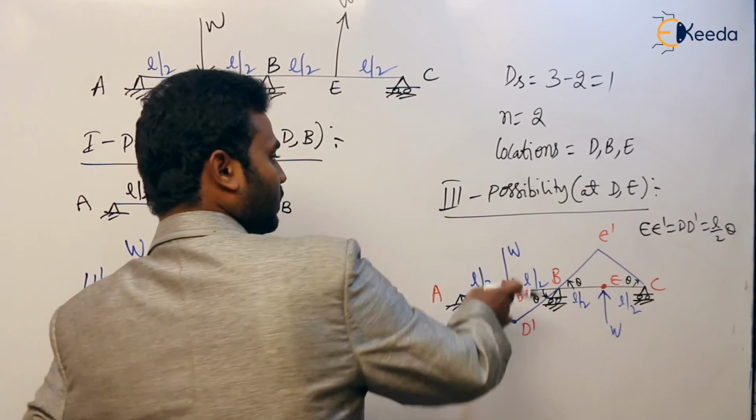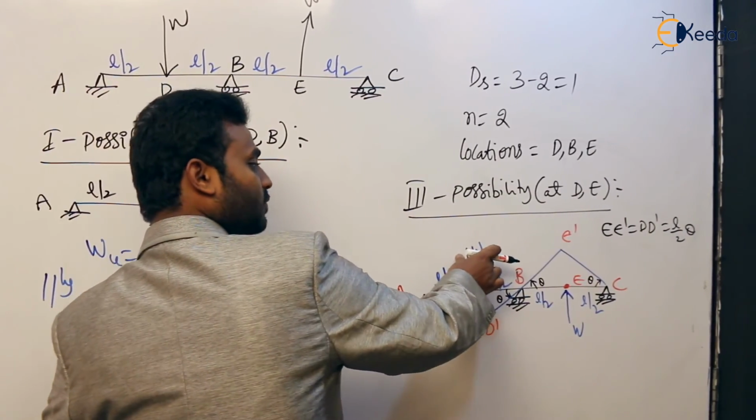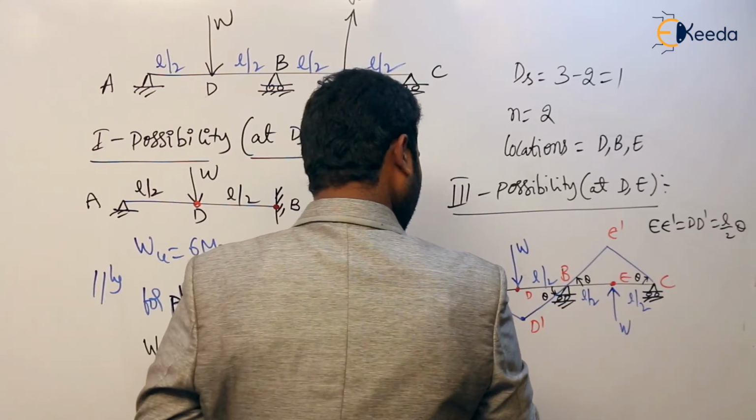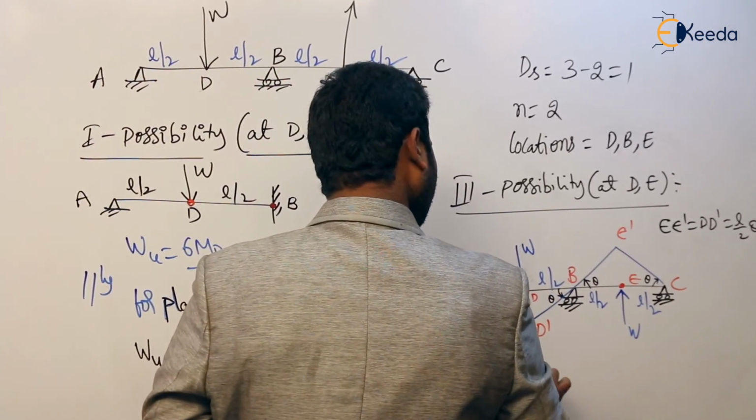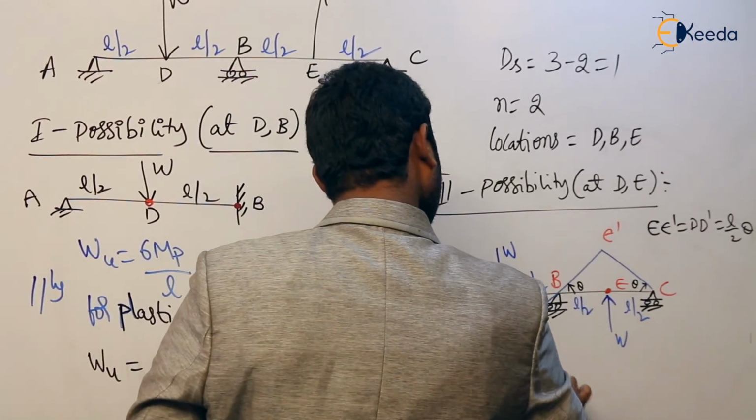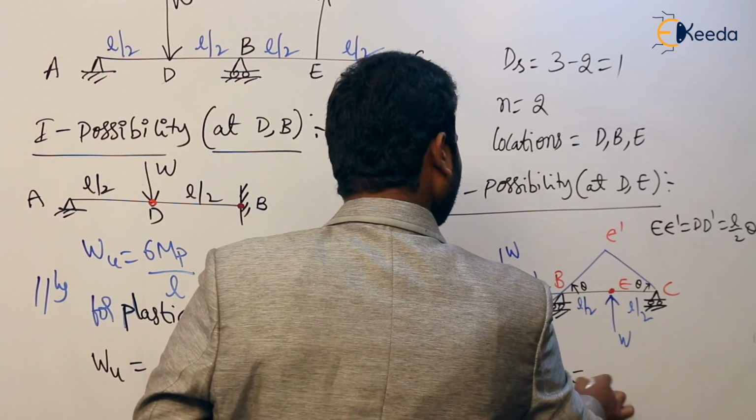Now external work is the work done by this load and this load: W L by 2 theta plus W L by 2 theta is equal to internal work.